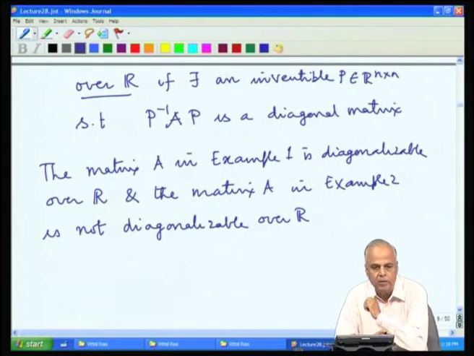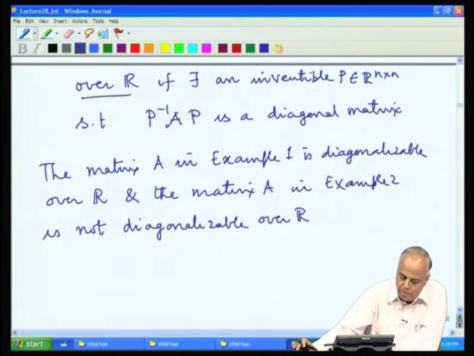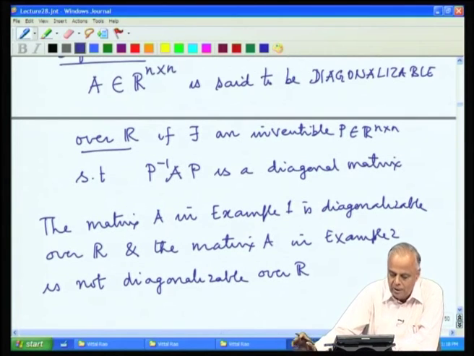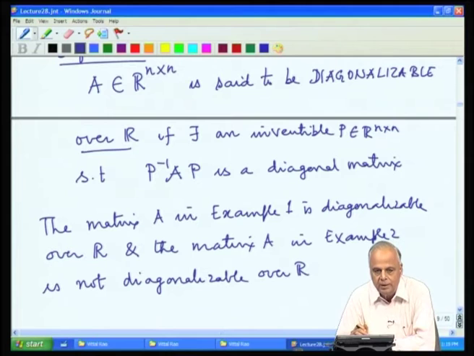So, instead of writing there exists a P such that P inverse A P etcetera, we simply say diagonalizable over R. A matrix A is diagonalizable over R if there exists a P such that P inverse A P is a diagonal matrix. As observed, the matrix of example 1 is diagonalizable over R, the matrix of example 2 is not.